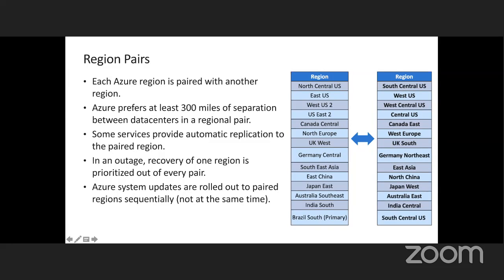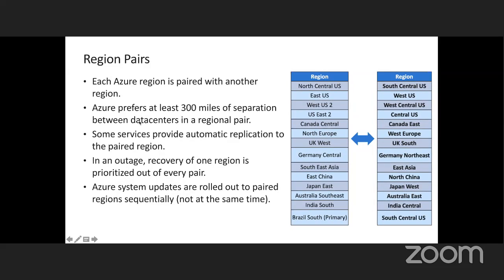Okay, so an Azure region is paired with another region. Azure prefers at least 300 miles of separation. Why? To be able to keep the data centers running. Because for example, there's an earthquake. An earthquake may expand miles and miles.